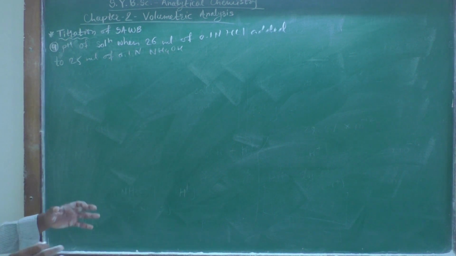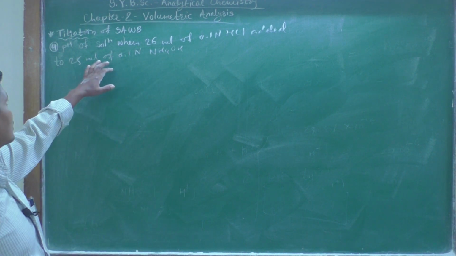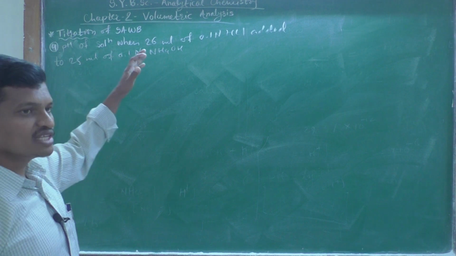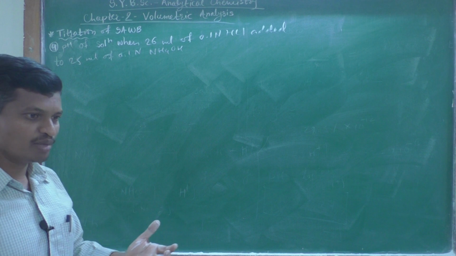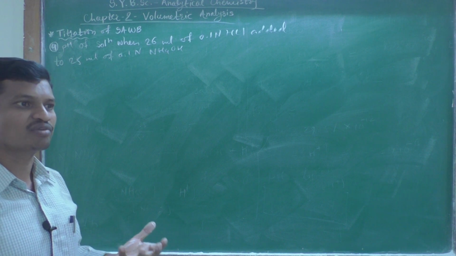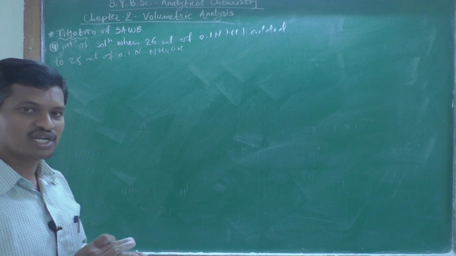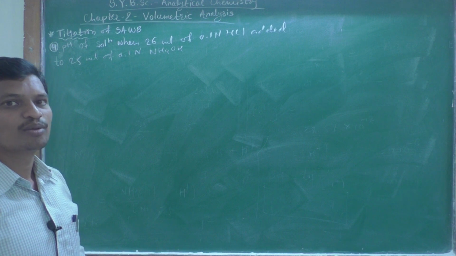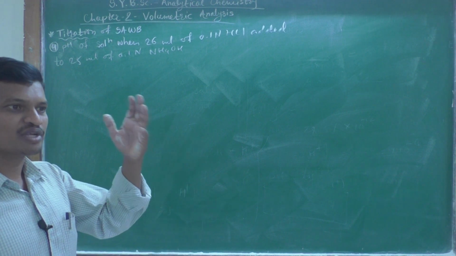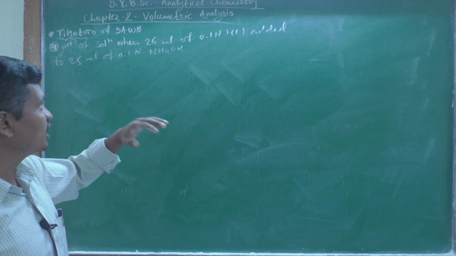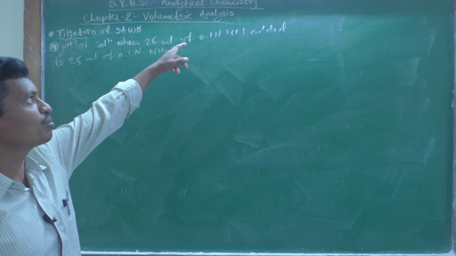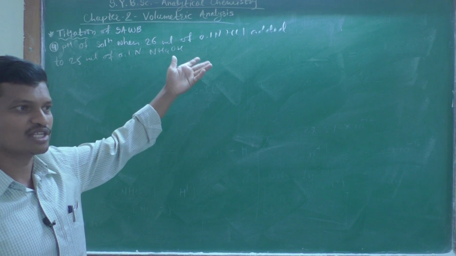Now consider the situation here. What is the situation? This is the situation after the equivalence point. Means the 25 ml of ammonium hydroxide that we have taken in the conical flask is already neutralized by the 25 ml of HCl added from the burette, and hence we have added here 1 ml extra of HCl after the equivalence point.